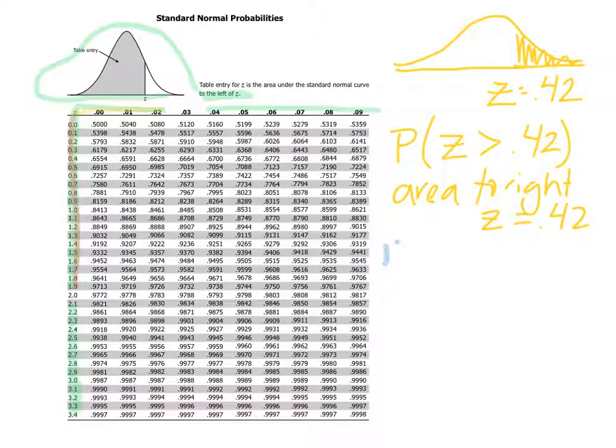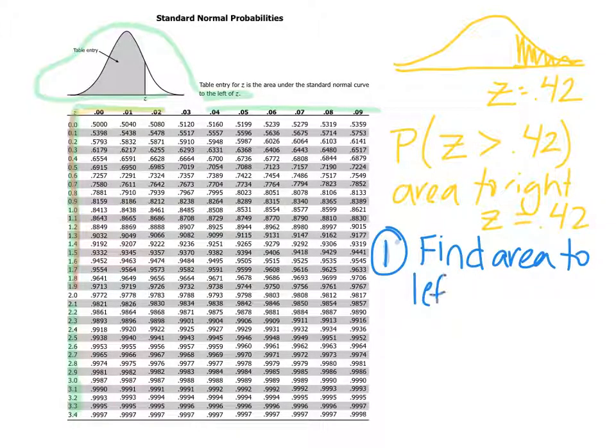Method number one is to find area to the left and subtract from 1. We know the full area under the curve is equal to 1. If we want area to the right, we can take the area from the left, because that's how your chart is made up, and subtract from 1. So we're going to take that approach right now.